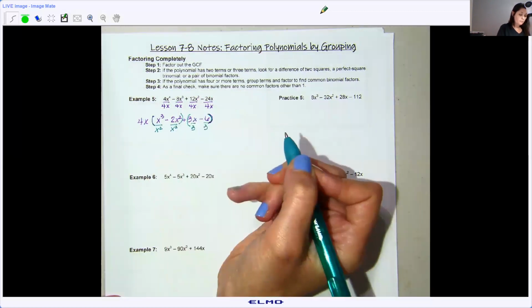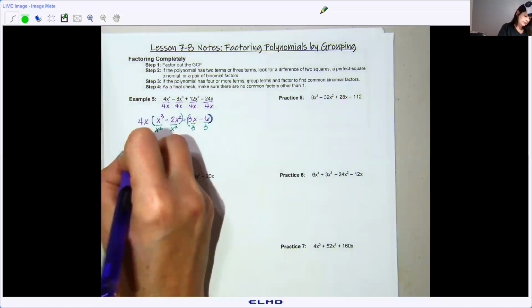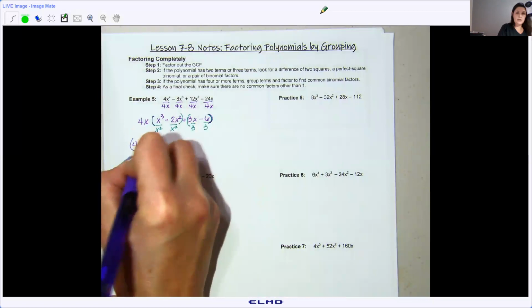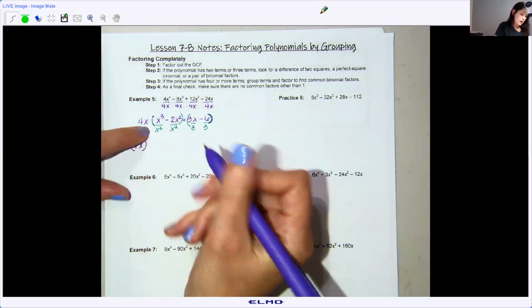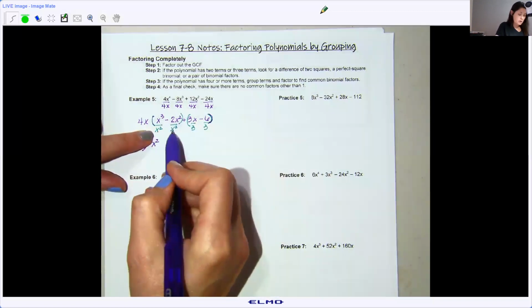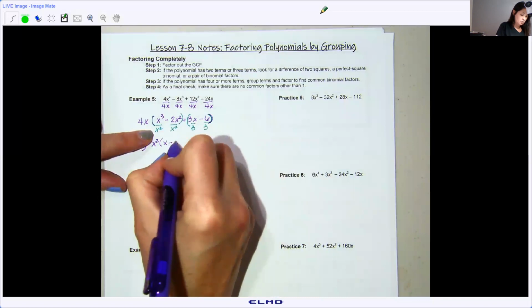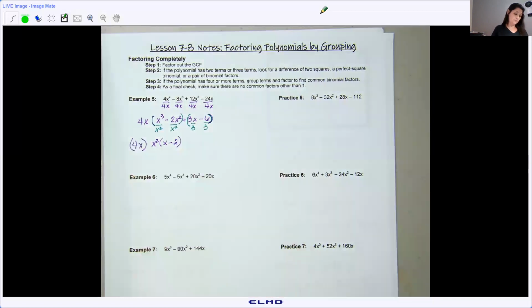Then I will write my 4x over here to the side, and then I have x squared as my greatest common factor, and I'm left with x minus 2.